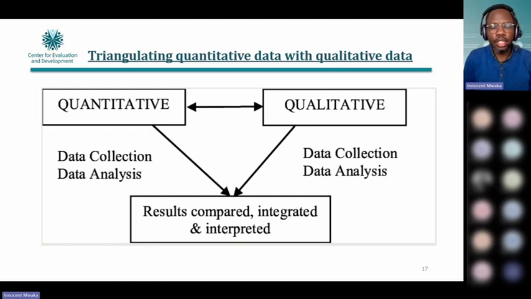So here you can just imagine you have a quantitative approach and a qualitative approach, and they are addressing certain questions, and you want to, let's say, increase your confidence in certain results or provide extra explanation. So you use the different data as a form of triangulation, and this can look in different ways.